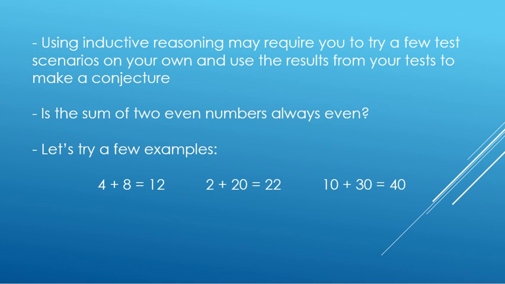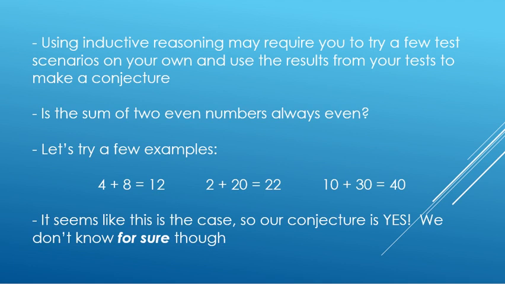If I take 2 and 20, they're both even. That gives me 22. That's an even number as well. And then I'll take 10 and 30. Add those up, that gives me 40. That's an even number as well. So just based on these few samples that we've done here, it does seem like this is the case. It does seem like the sum of 2 even numbers is always even.